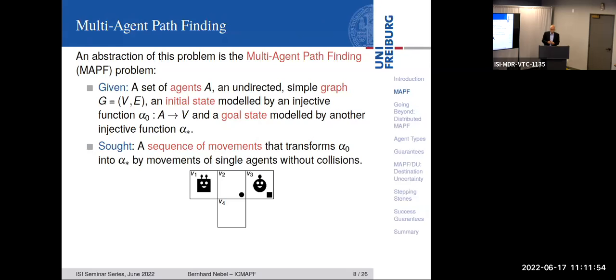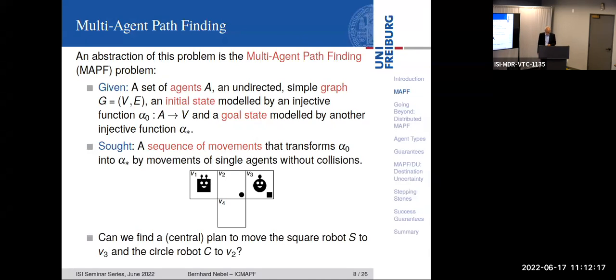An example: here we have the square agent and the circular agent, and the square agent wants to go where the circle agent is. I have symbolized that with a small square here. And the circle agent wants to go to B2 here. Okay, can they do that? Is there a plan to achieve that? Yes, there is.